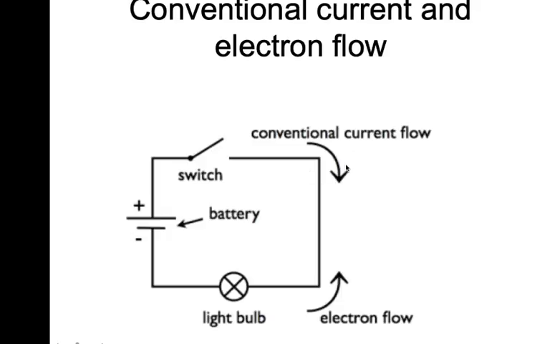So conventional current, you'll hear come up, it's kind of the backwards current, but think about conventional being positive, and electron flow being negative. In physics 30, we only work with electron flow because it's the real one, the more intuitive one. But IB does occasionally work with conventional current, so be aware of that difference there.